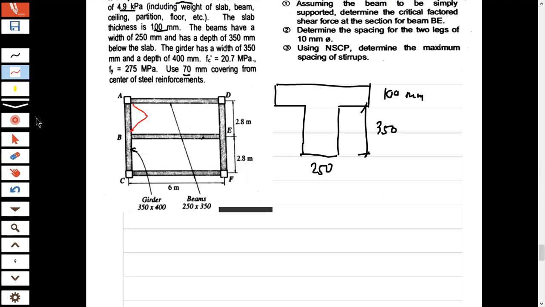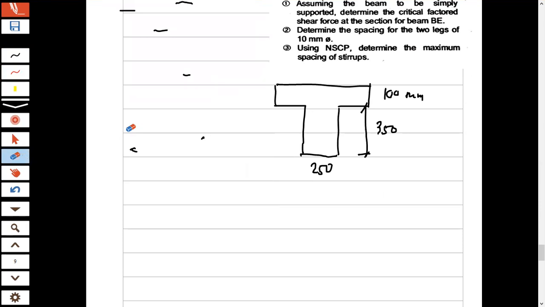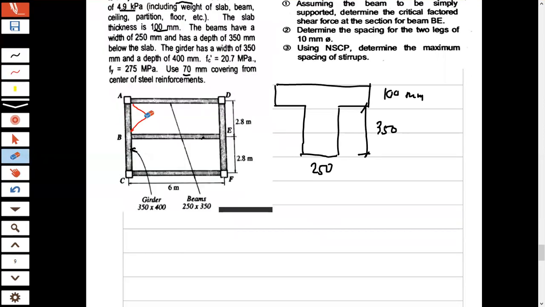Pero in this occasion, parang tinatawag nila yan na critical kuhan. Conservative. No? So ihati mo lang, ano? Hati mo lang. Ihati mo lang mula dito, ano? Ito yung magiging tributary area. Hati lang, you're going to carry half of it, ano? And transfer to the beam. Hindi na yung 45 degrees. Okay?